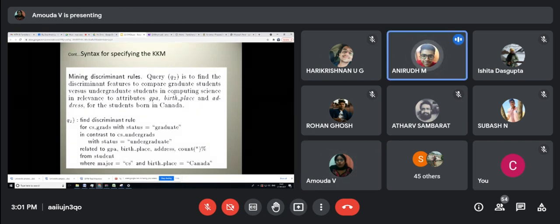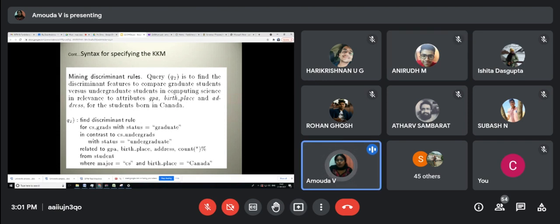Same thing we are going to take, same attributes, born in Canada, but we are taking two classes. One is the target class, another one is the contrast class, because the query is to discriminate the difference between these two classes.